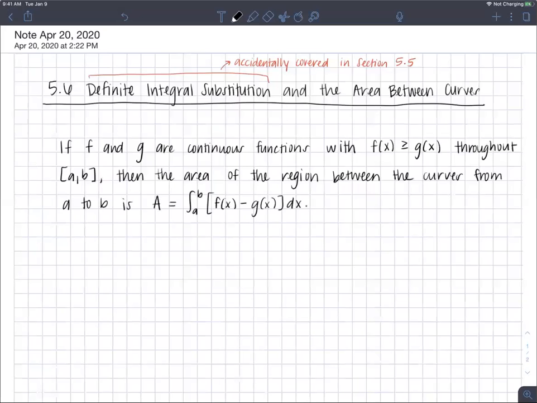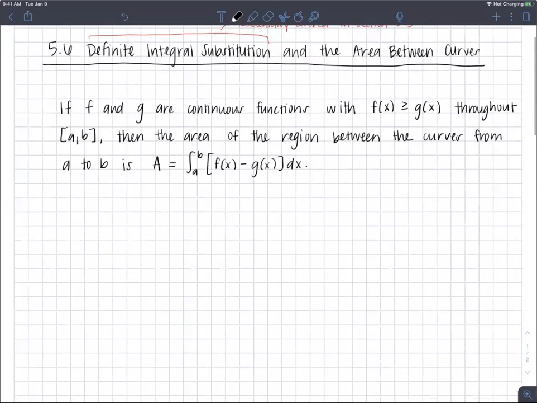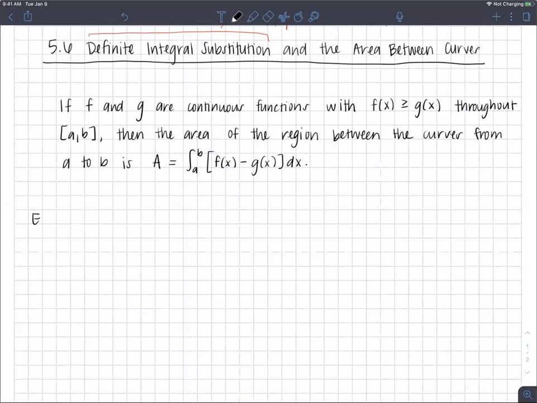And so let's do an example. Oh, and real quick, let me just point out, what we're looking at in this section is just the area between two curves.